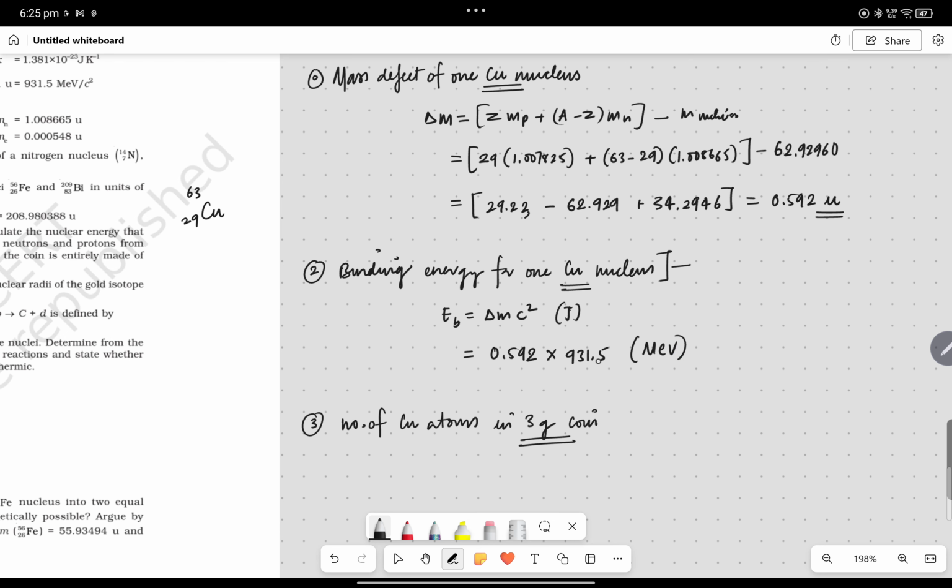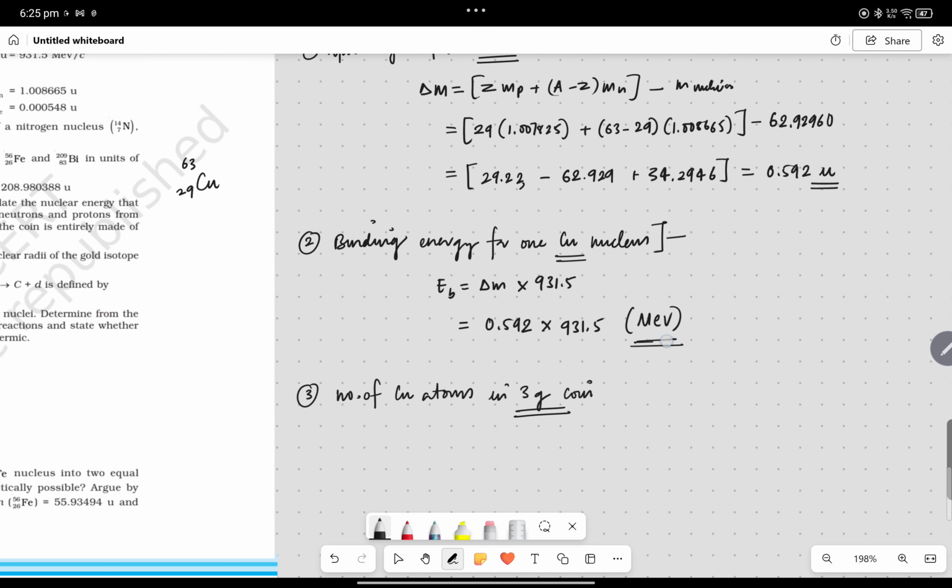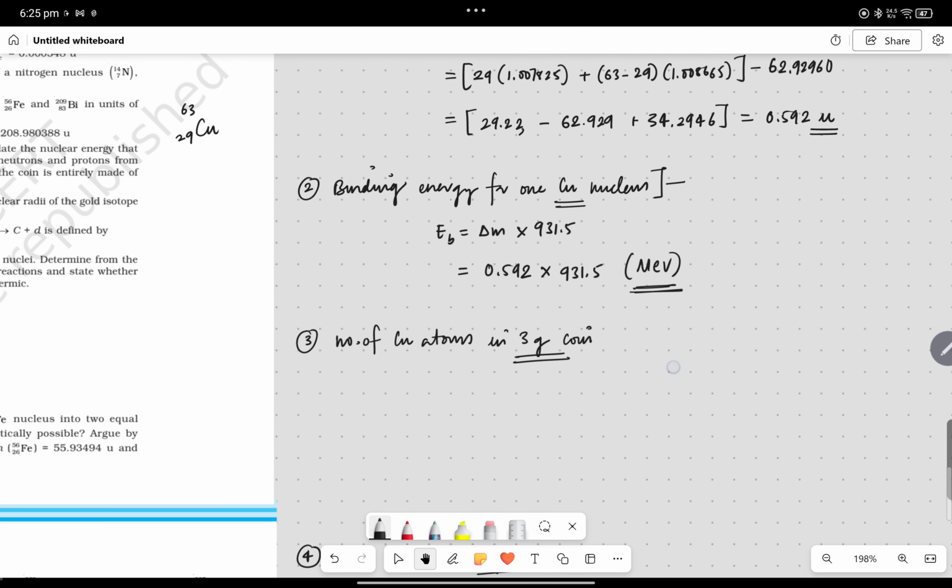If you want the answer directly in mega electron volt, not in joule, then you have to directly multiply it with 931.5, right? So if you want mega electron volt, use this formula, okay?